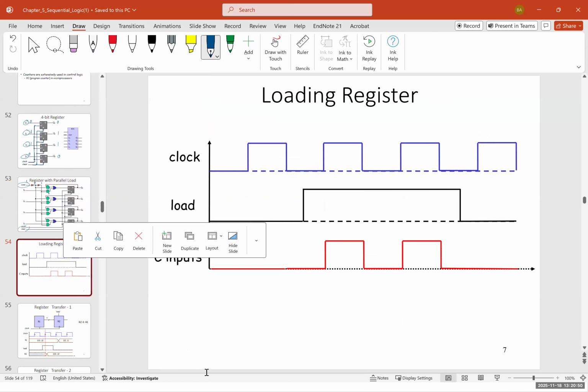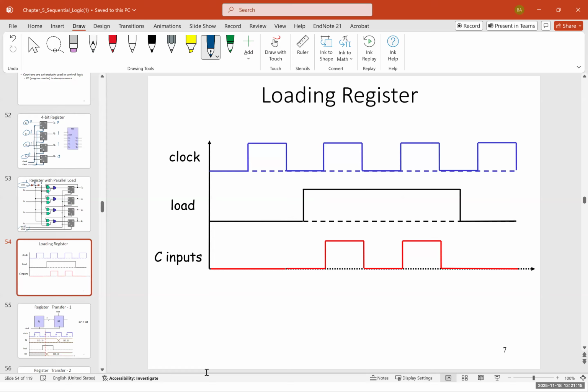So for this, we have this graph. This is the loading register with a clock. The clock is shown with blue. The load is shown with black, and the input is shown with red. As long as the load is 0, the C input is not changing.